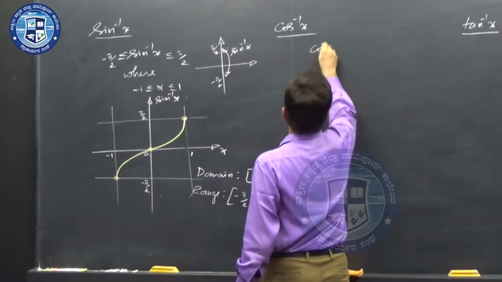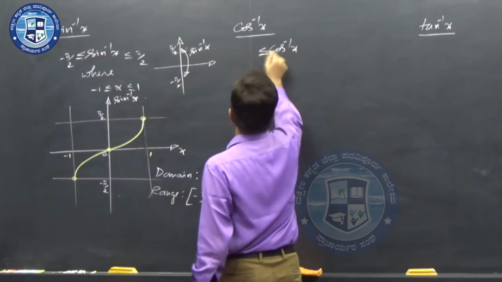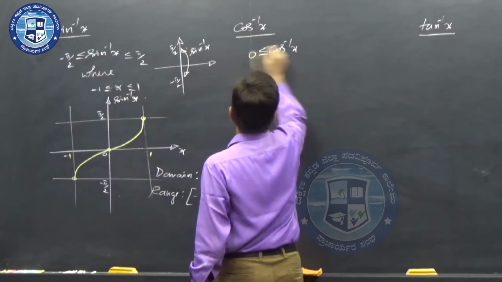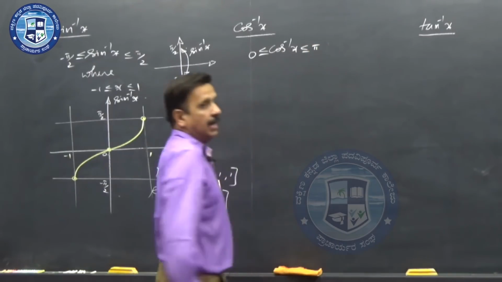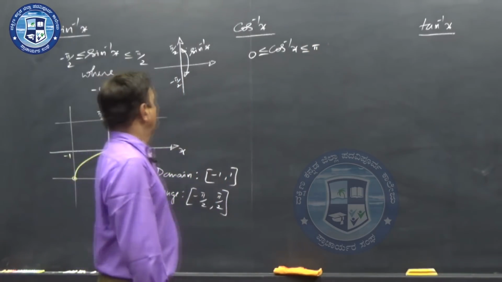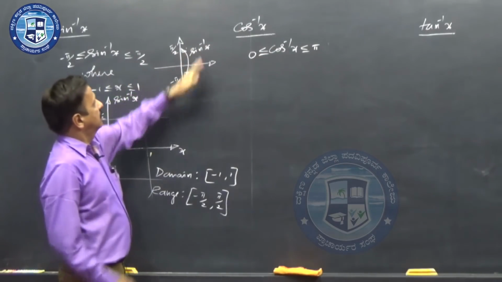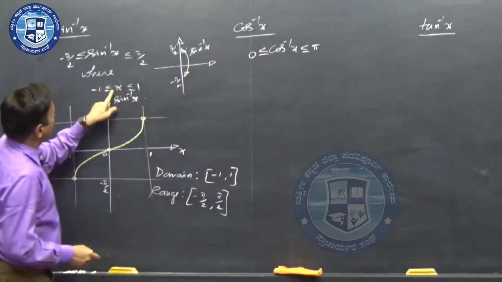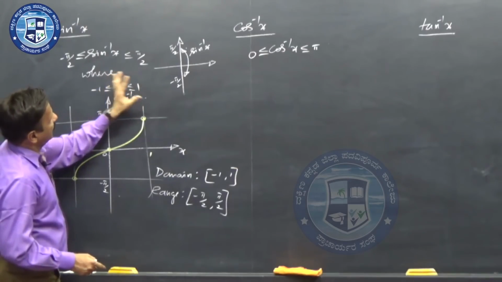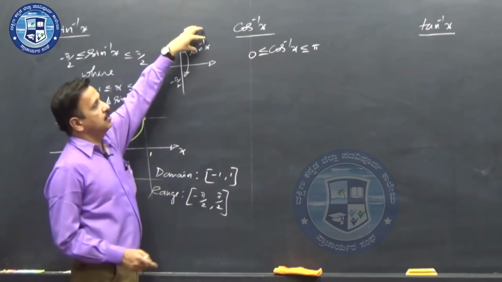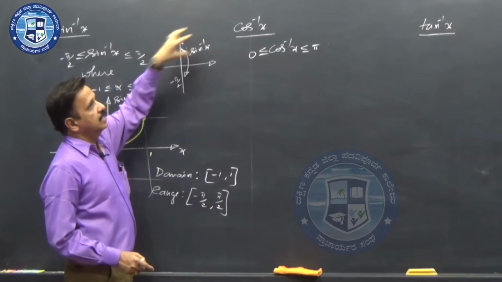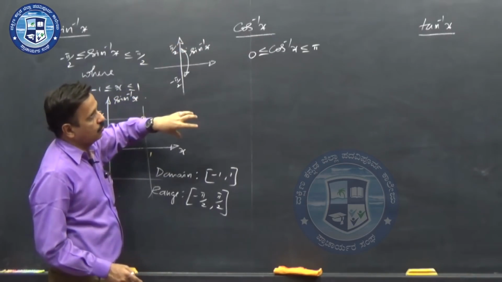For cos inverse x, you remember it varies between 0 and pi, which we have discussed in detail. Before that, look at sine inverse x, where x varies between minus 1 and plus 1. Sine inverse of a positive value is an angle in the first quadrant, and sine inverse of a negative value is an angle in the fourth quadrant.